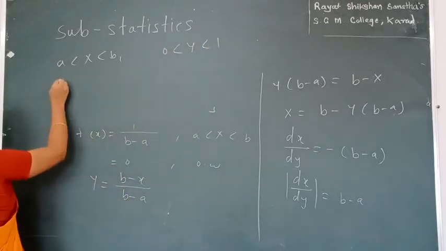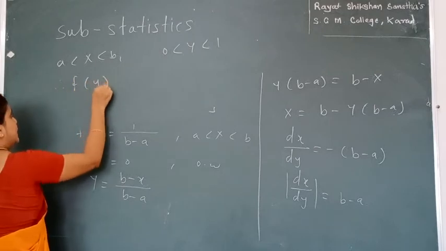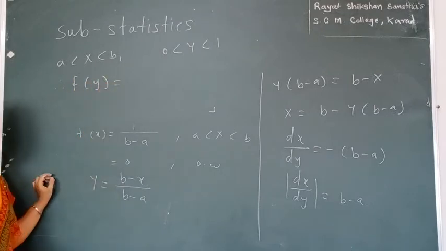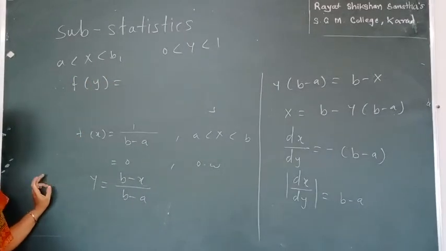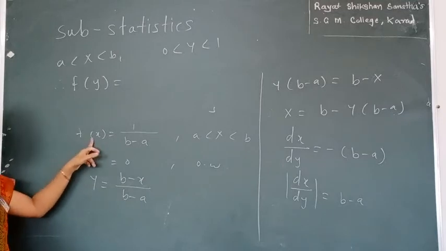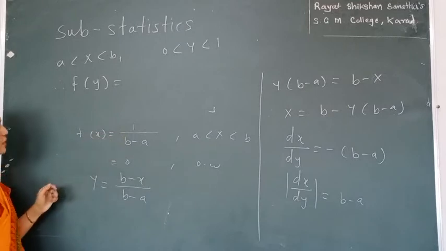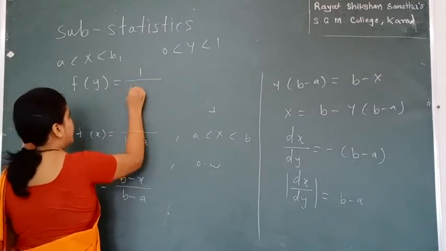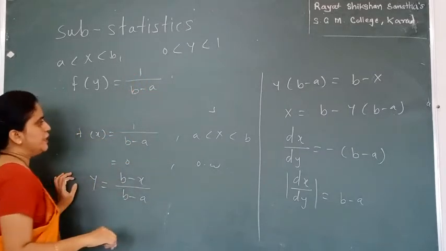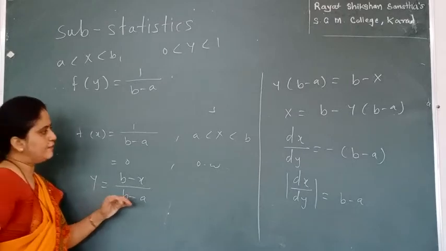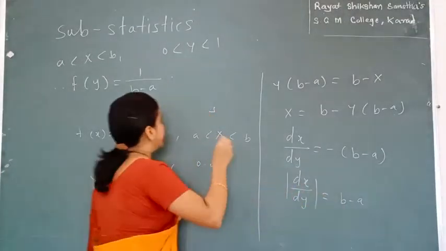Okay. Now what is f of y, that is the PDF of y? For the PDF of y, again we put the value of x in fx. But since our fx is free from x, it comes as it is, which is 1 divided by b minus a, into the modulus of dx by dy, which is b minus a.